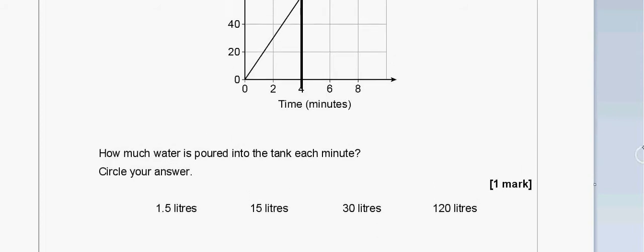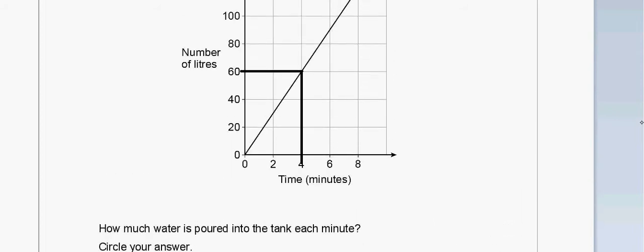Circle your answer. So you could do this with any of these times. Okay, now I chose 4 minutes because it crosses the line exactly at 60 litres. Okay, whereas if I'd have gone to 2, say, that looks about 30, but I'd like to make sure.